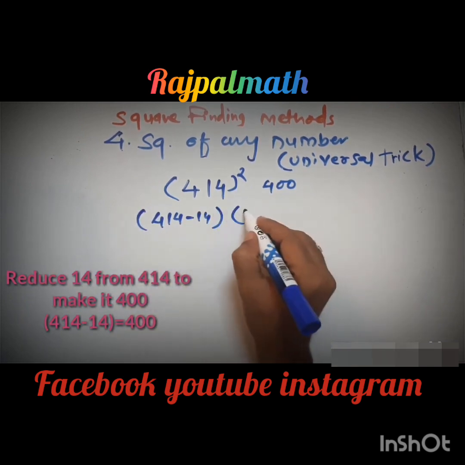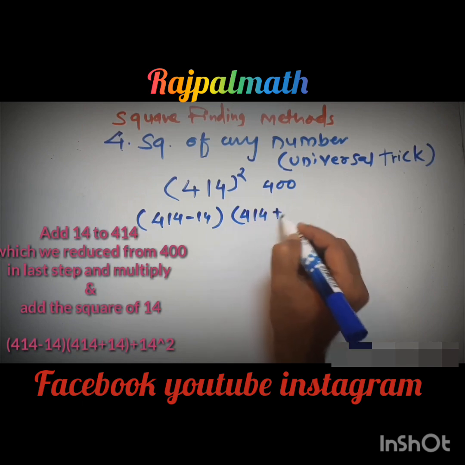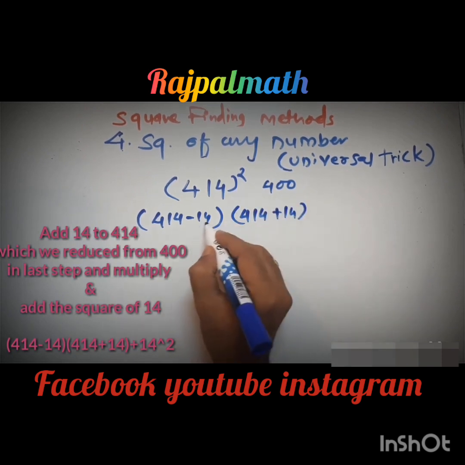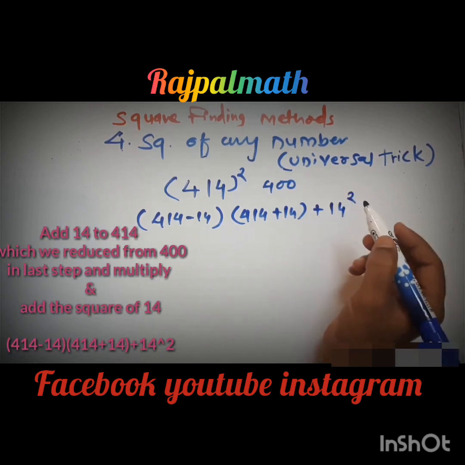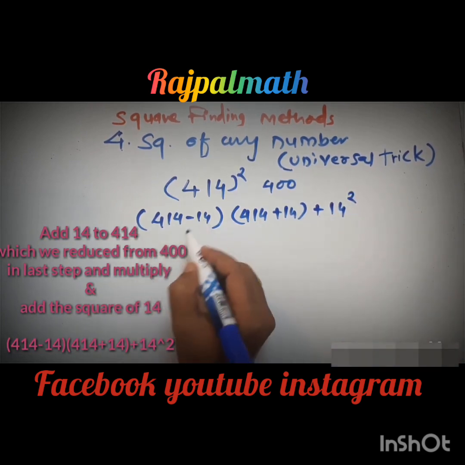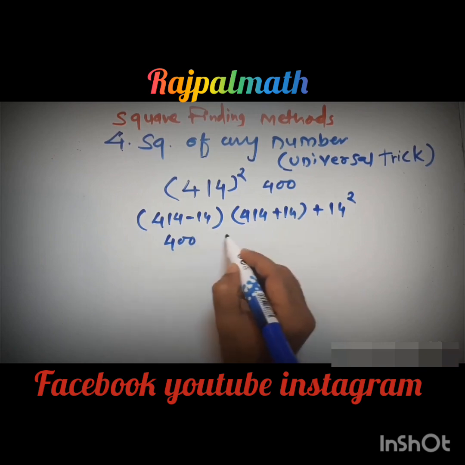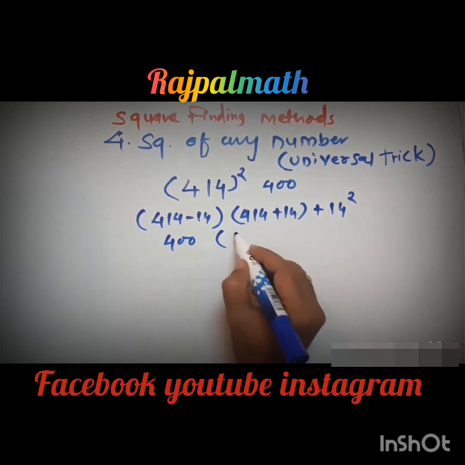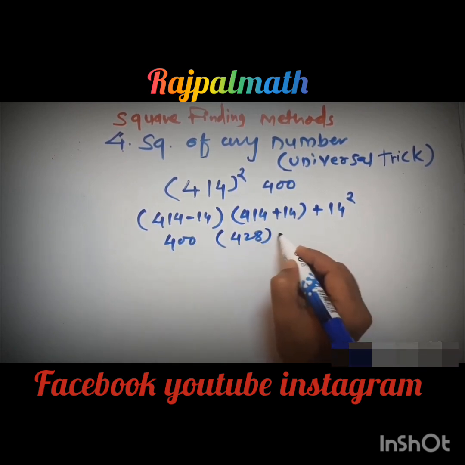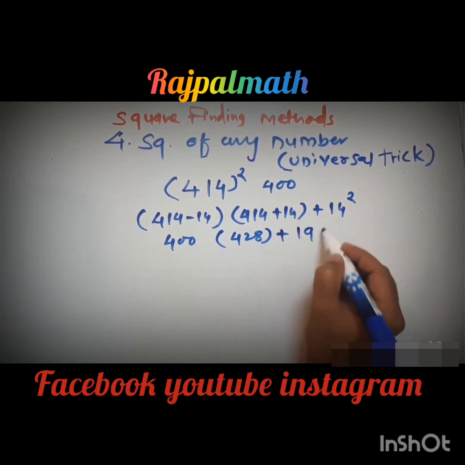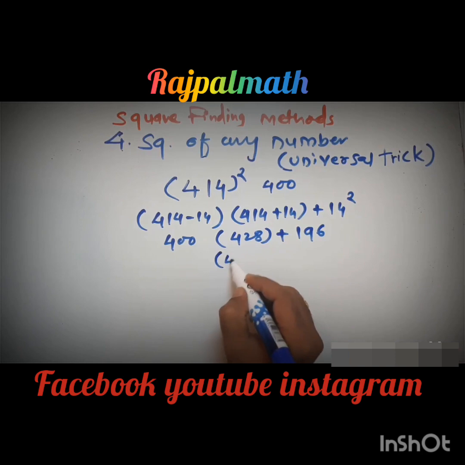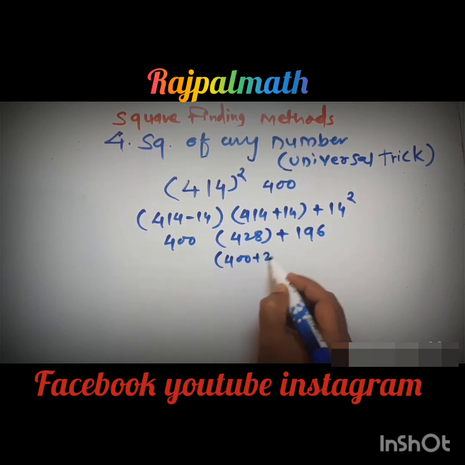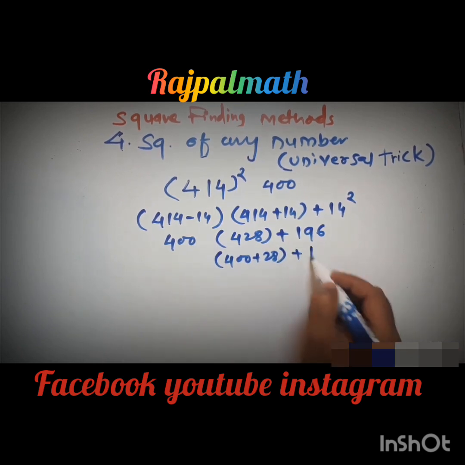I will multiply this with 414 plus 14. The number which I have reduced, 14, I'm going to add, plus 14 square, which is my formula. So 414 minus 14 is 400. 414 plus 14 is 428, plus 14 square is 196. Now this 428 I can represent as 400 plus 28 just to simplify the calculation.